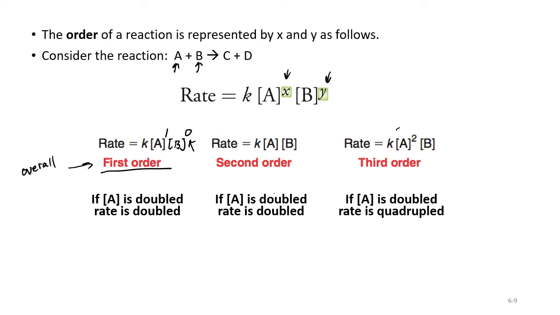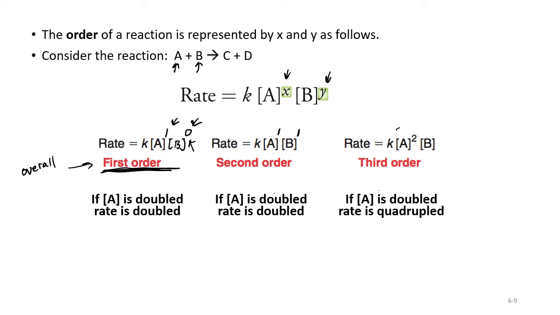You take the sum of your exponents. 1 plus 0 equals 1, so it's first order. So if you double the concentration of A, you would end up doubling the rate. For a second order reaction, that could be where A has an exponent of 1 and B has an exponent of 1.